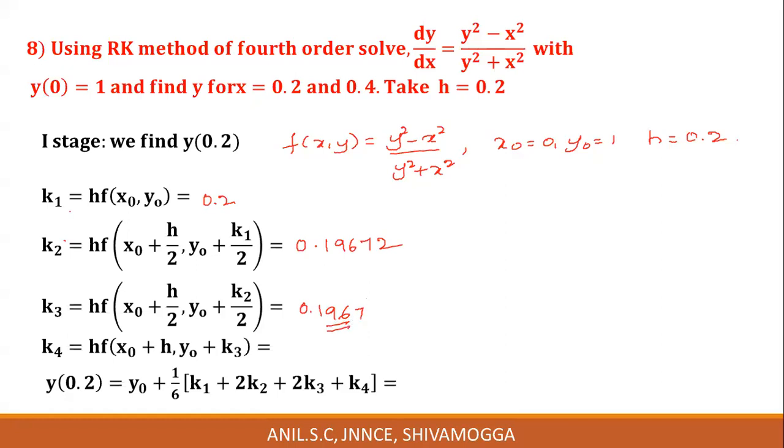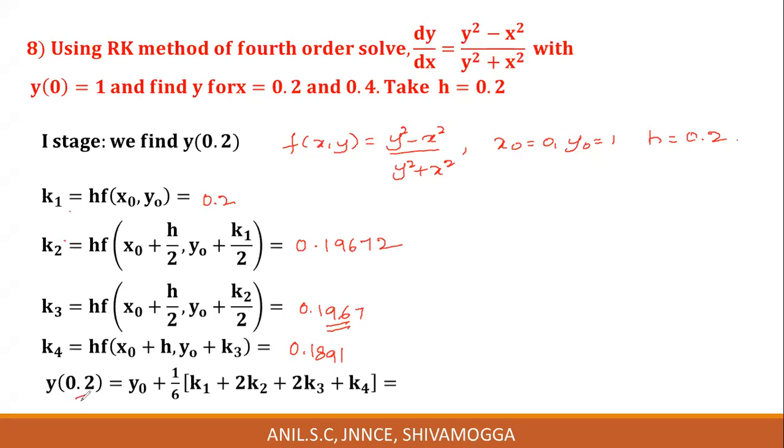K3 is 0.1967. The last component, K4. 0.18913. That's right. 0.1891.